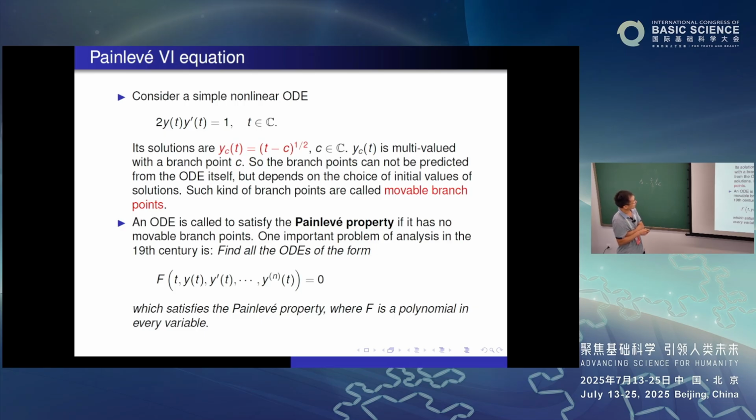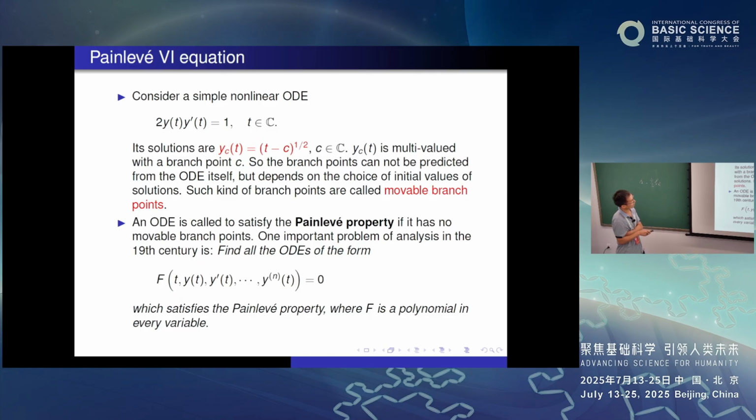Let's consider a very simple nonlinear ODE. It is easy to see that for any given complex parameter C, y_C(t) equals (t minus C) to the power 1/2 is a solution of this nonlinear ODE.